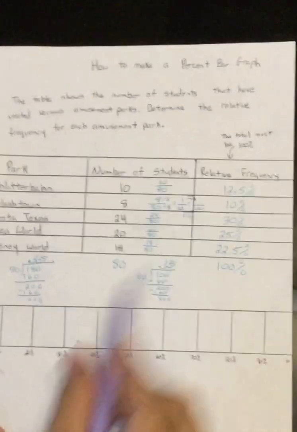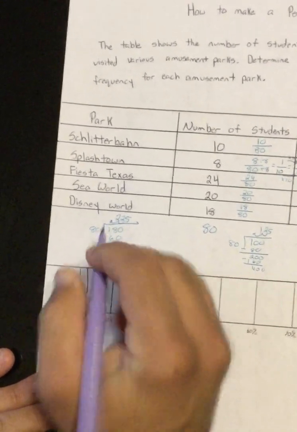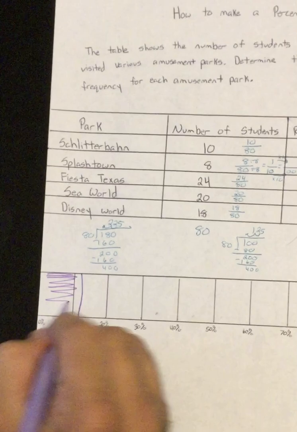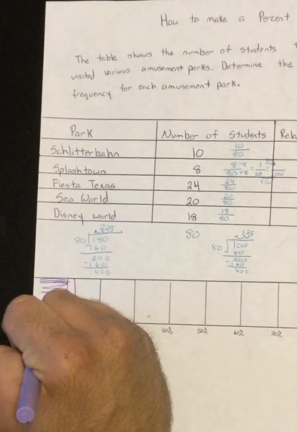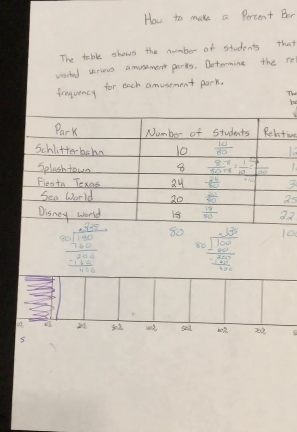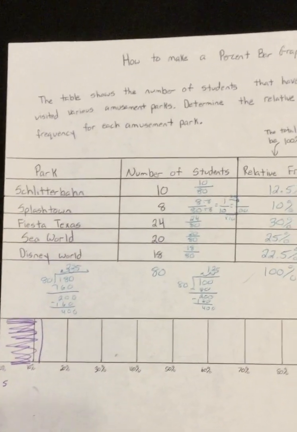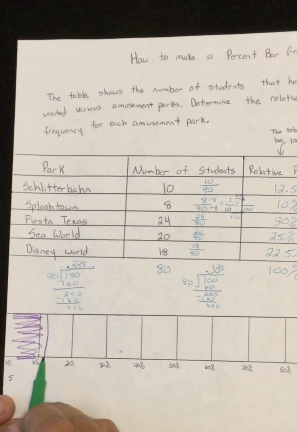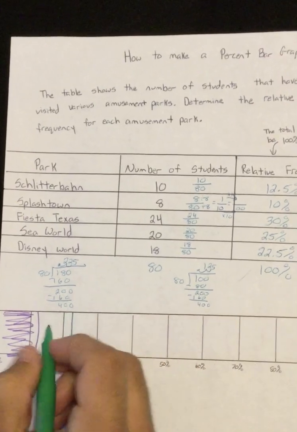Let's graph it real fast. Schlitterbahn was 12.5%, which is slightly more than 10. So we're going to call this Schlitterbahn. I'm just going to use S for Schlitterbahn. The next one is Splashtown. That was 10%. So from about 12.5 to 22.5. So this piece right there.